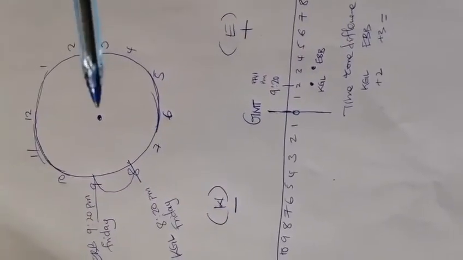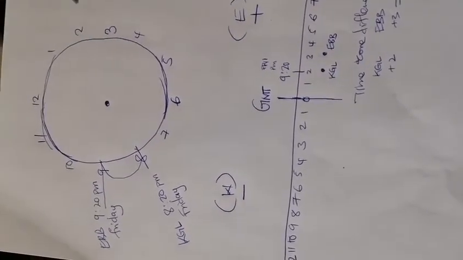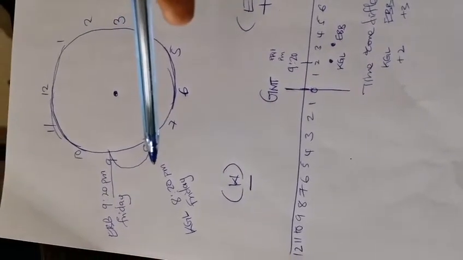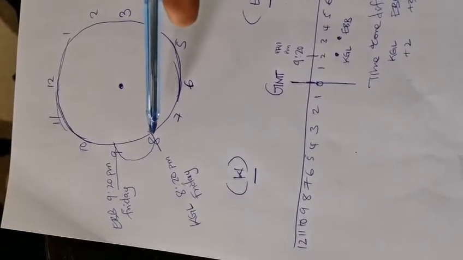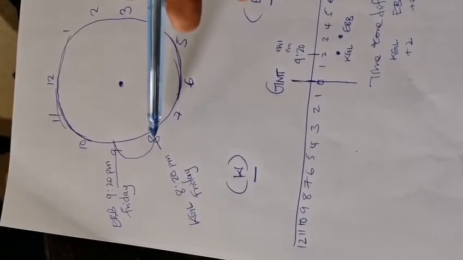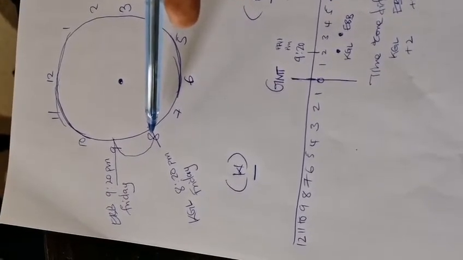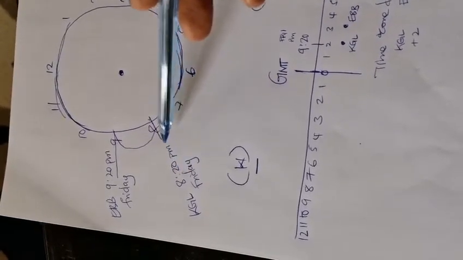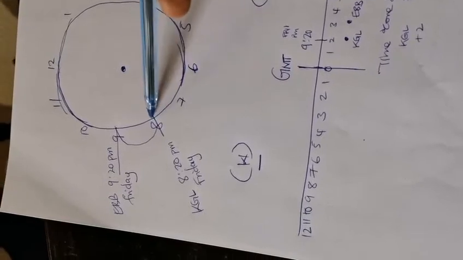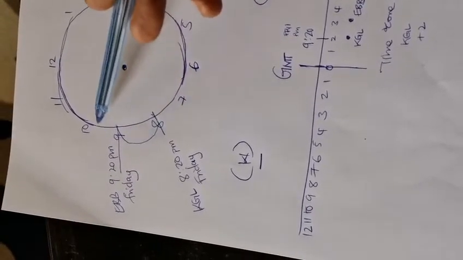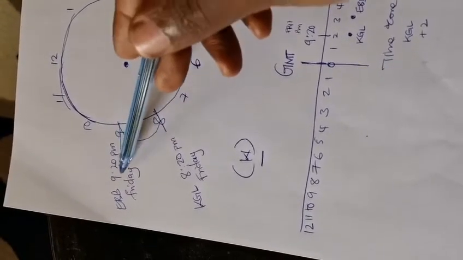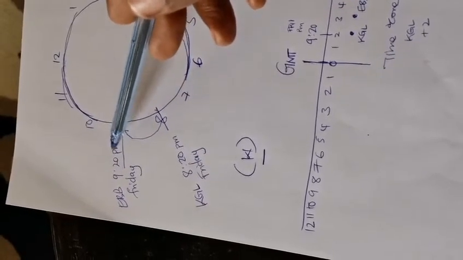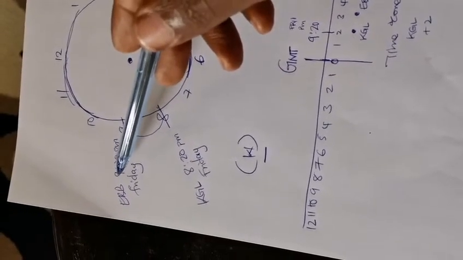So starting from a new video, just removing the rest for neatness. So we arrived at KGL, and we also added 1 hour and 10 minutes for waiting, which gave us 8:20 p.m. So they told us to move for 1 hour to EBB. So that's why we've arrived at 9:20 p.m. on Friday at EBB.